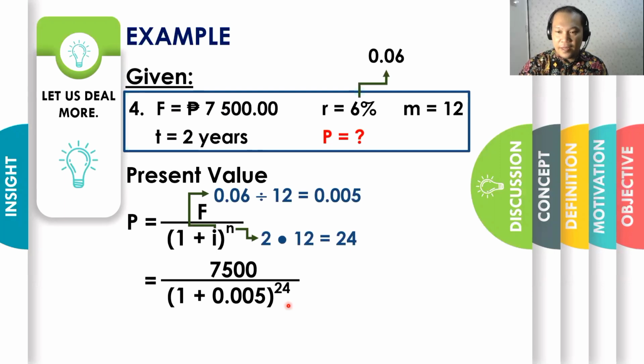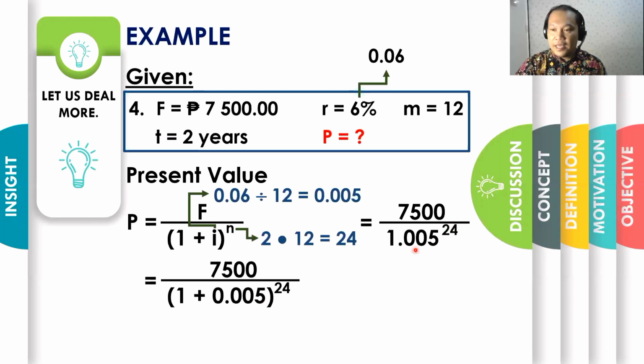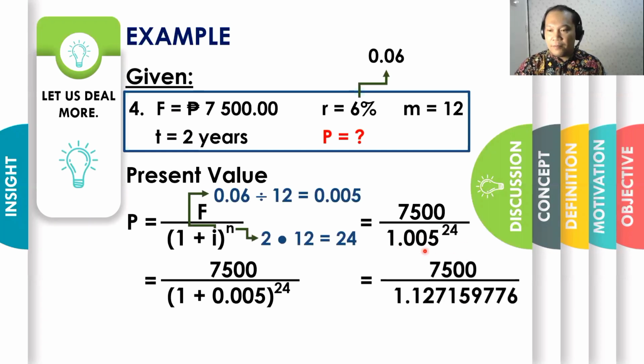And then get the sum. This is 1 plus 0.005 or 1.005. Then raised to 24. Then after that, get the equivalent value of our denominator. Therefore, that will become 1.127159776.